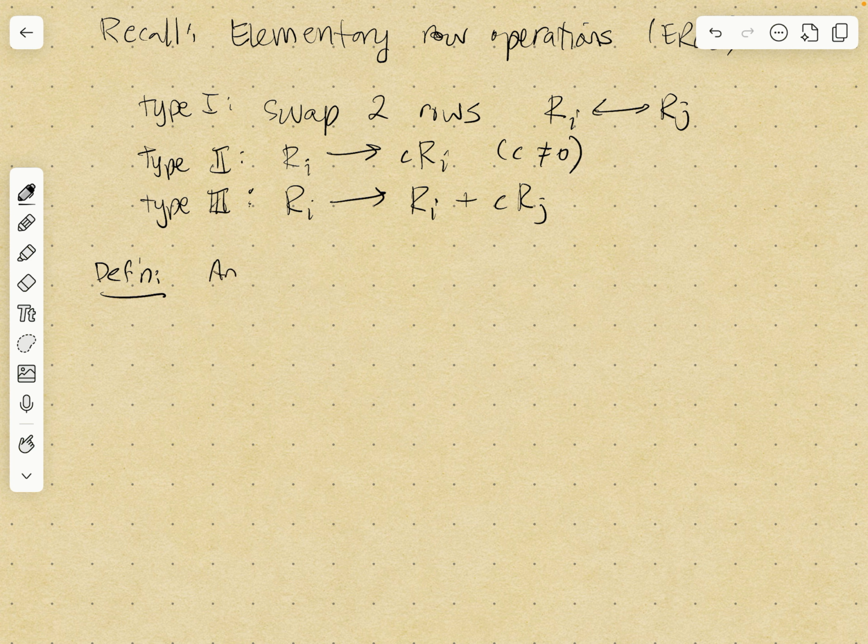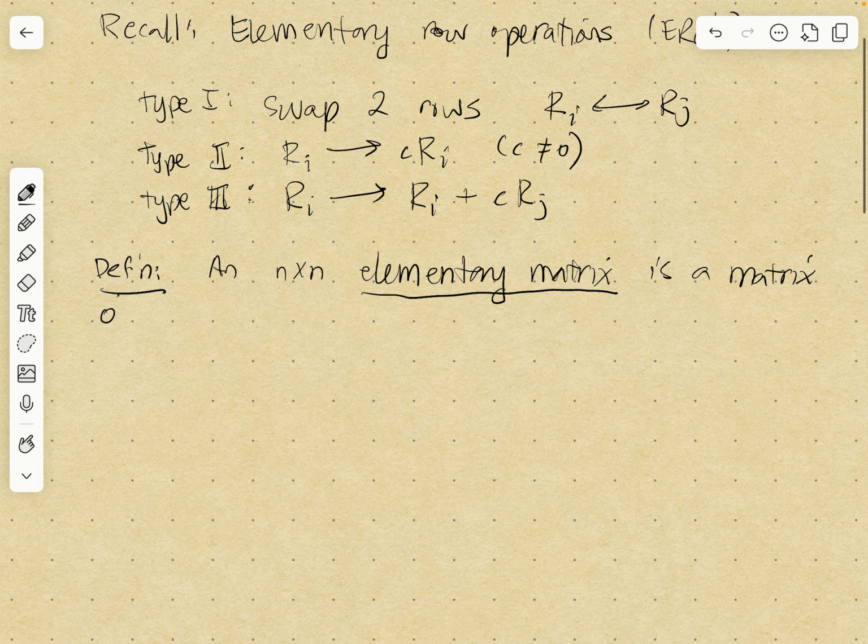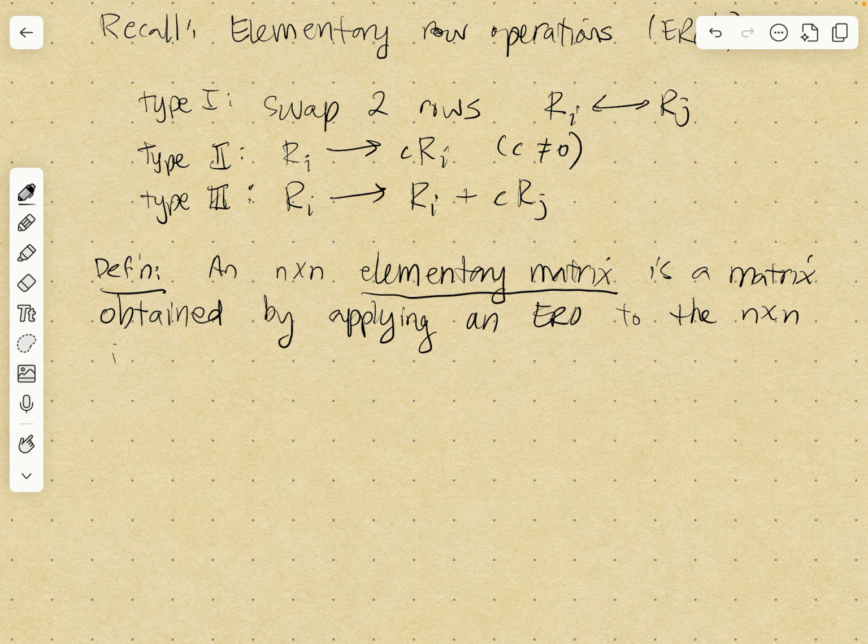So an n by n elementary matrix is a matrix obtained by applying one of the elementary row operations, applying an ERO to the n by n identity matrix, which we denote I sub n.